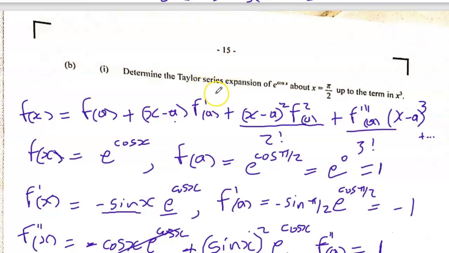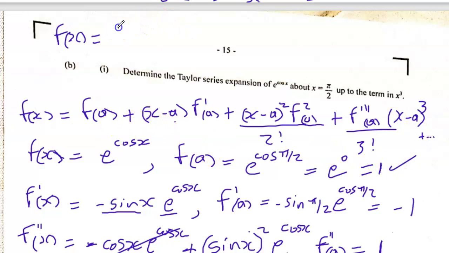So the Taylor series will be f of x equal to f of a, which, sorry, would be 1.